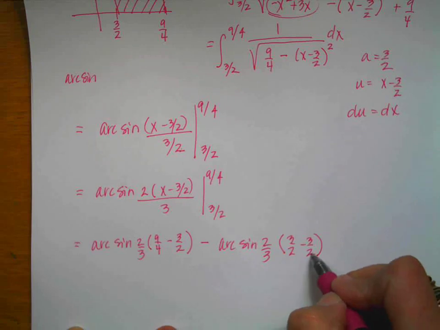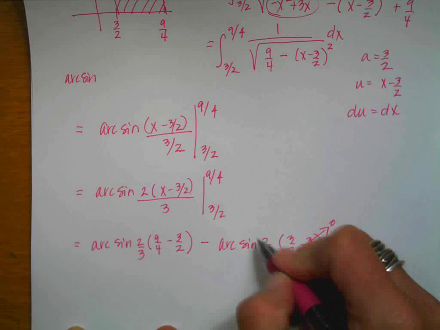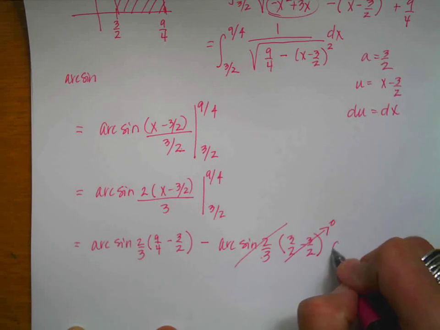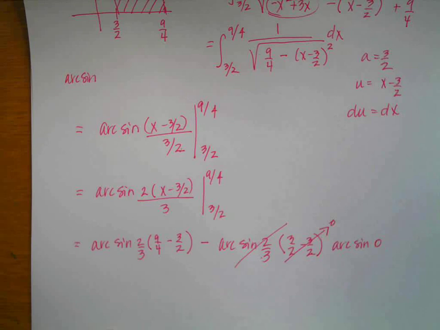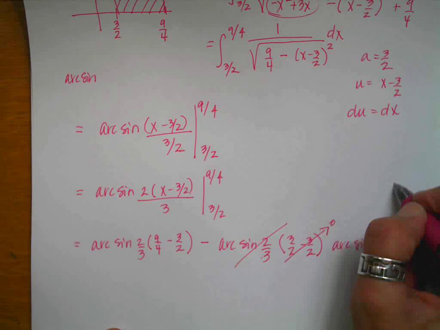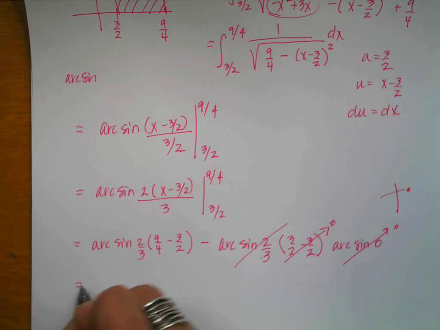Now 3/2 minus 3/2 is 0, so this whole piece becomes the arc sine of 0. What angle has a sine ratio of 0? Sine is 0 right there. So this whole thing is just 0.